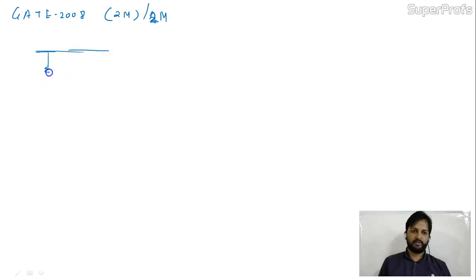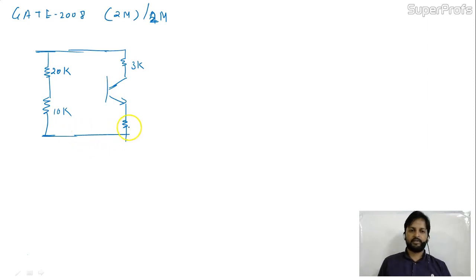I'll try to draw it. 20k, 10k, this is 10k, 20k, 3k, ammeter. Ammeter is connected with 2.3k in parallel with a capacitor.